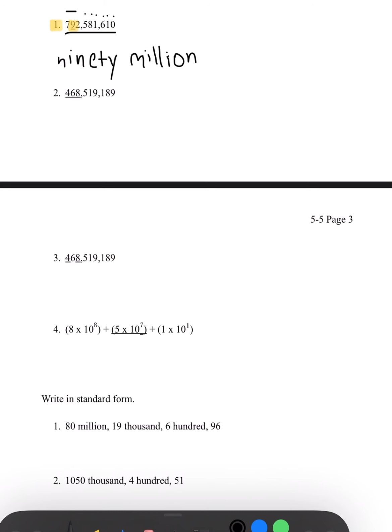And we're also going to be doing number 3. In number 3, we have 4 and 8 underlined. We can see that they're in the millions place. So the 4, that'll just be 400, right? Because it's in the hundreds place and the millions place. So 400.